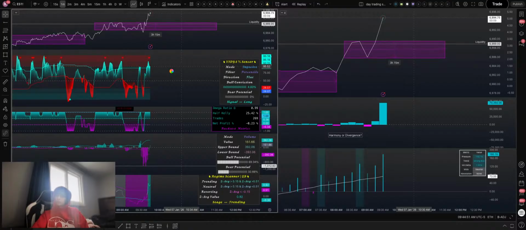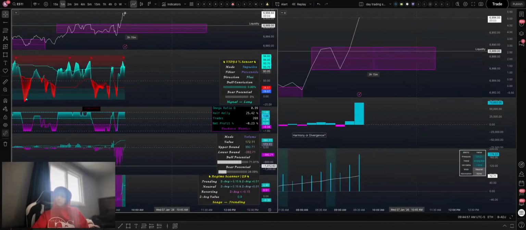It's not fully there yet though. It's looking like it is gonna be.